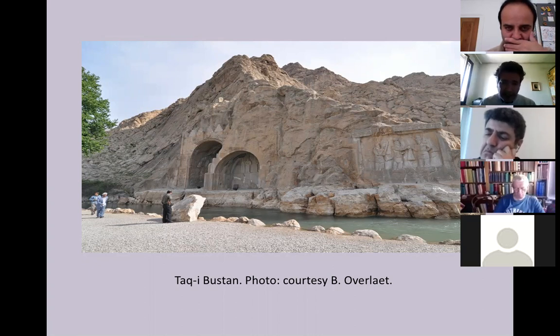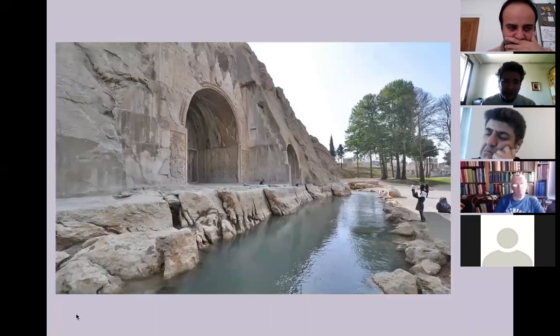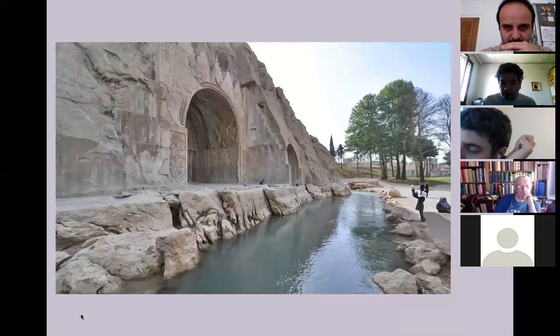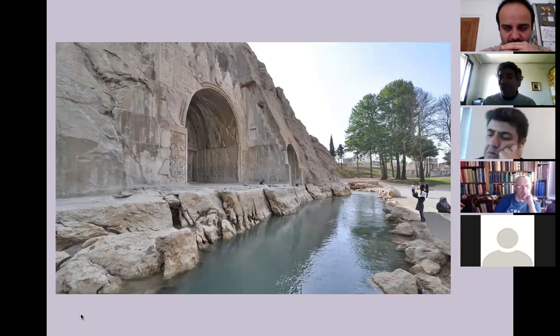So next slide, please. You can see that now practically for visitors, for tourists, it's impossible to access the smaller grotto and the bigger one, which is good for the preservation of monuments, but it makes it very difficult to see every small detail.